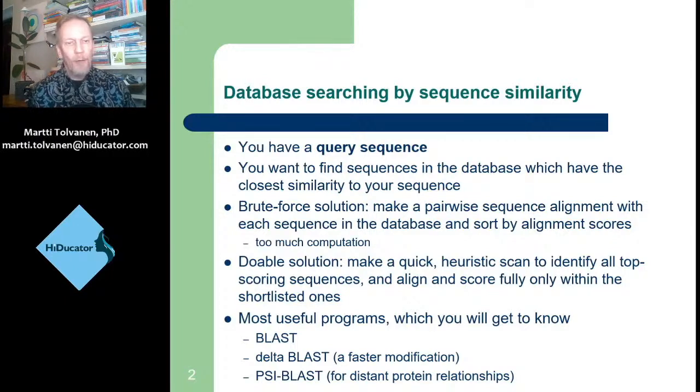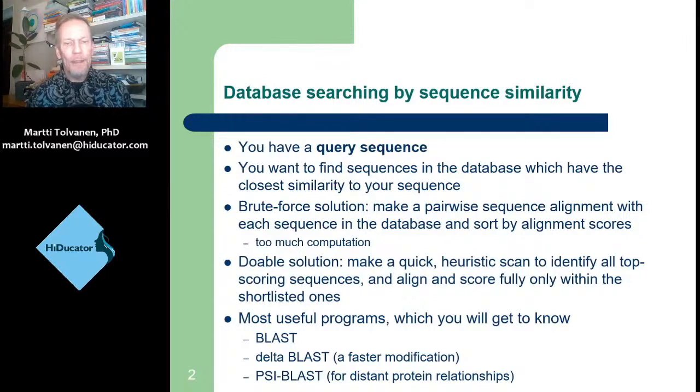And BLAST is basically a household term in bioinformatics. It's short for Basic Local Alignment Search Tool, and it was a revolutionary algorithm back in the day. I think the original paper comes from '92. It's so fast and so reliable, and it helps so much in doing bioinformatics research that it's really great.